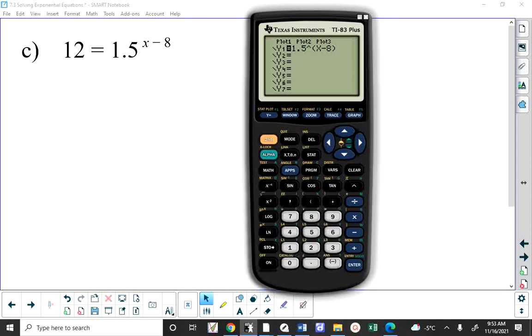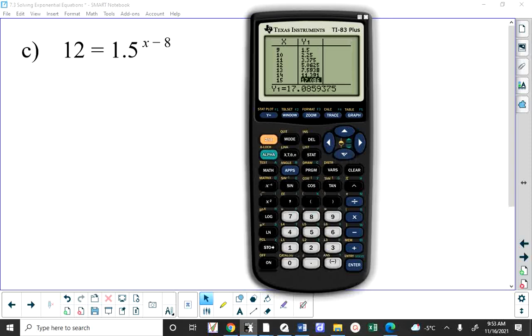So what I might recommend is going to your window setting and starting at 0 and going up by 1. And we can scroll up and down that table all we want. I am looking for this expression equaling 12, so clearly it's going to be some larger number.